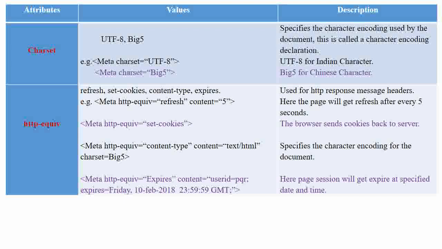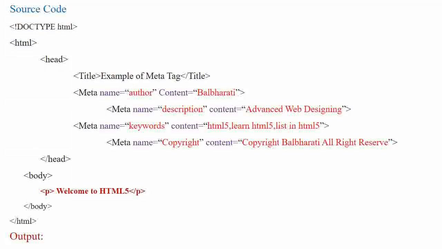Now see one example on the meta tag. You can see the source code here. HTML tag, head tag, title tag, example of meta tag, end of title tag. Meta tag name equal to author, content equal to Bal Bharti. Closing of meta tag.